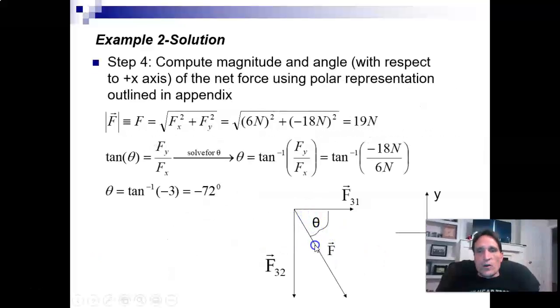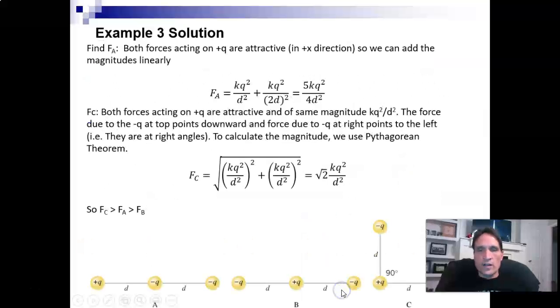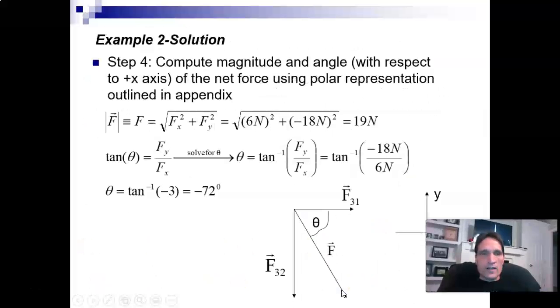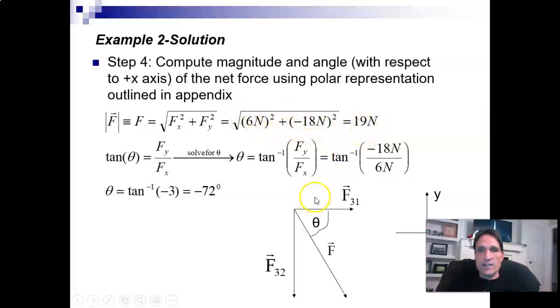Now we know the total vector. Its x component is 6. Its y component is negative 18 newtons. We can use Pythagorean theorem, which says that we add the squares and take the square root. And when we do that, we get that the magnitude of the force is 19 newtons. And we can use the tangent equation, right?